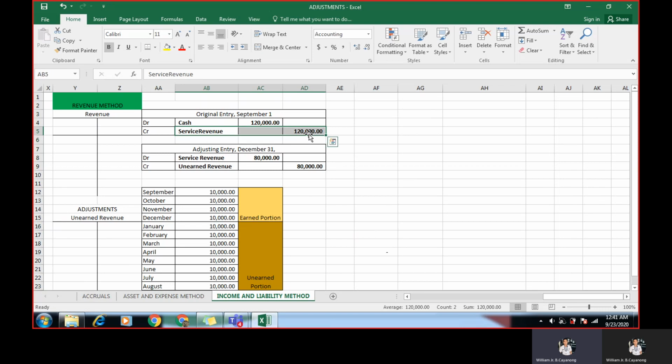So this service revenue of 120,000 is not really earned at the end of the period. How much was actually earned? From September to December, it's only 40,000. Therefore, we need to adjust so that the service revenue reflects only 40,000. The unearned portion is 80,000.